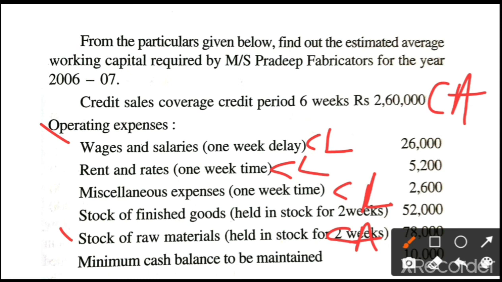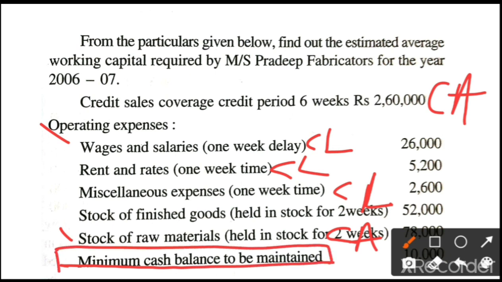Next, minimum cash balance to be maintained is rupees 10,000. Minimum cash balance is a contingency. In the previous problem, we took 10% on current assets minus current liabilities. In this problem, there is no direct 10%, 20%. First, you have to do current assets minus current liabilities.